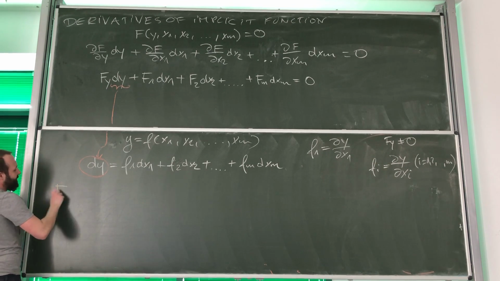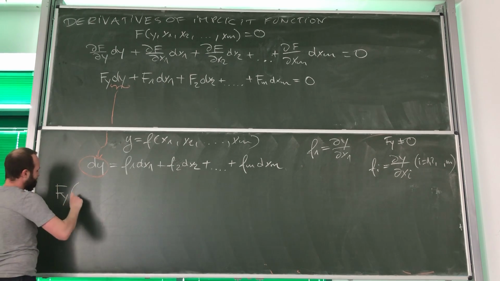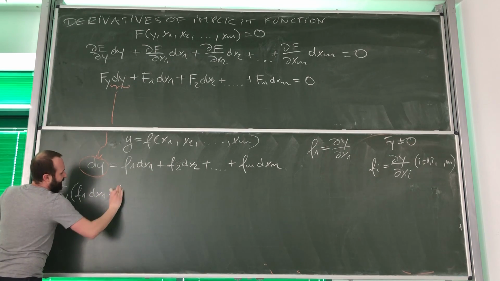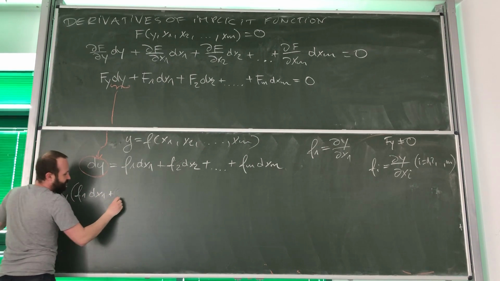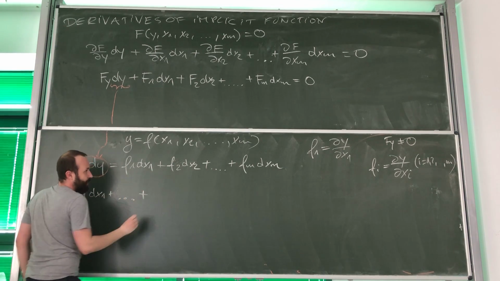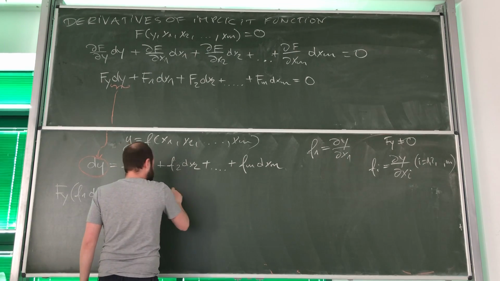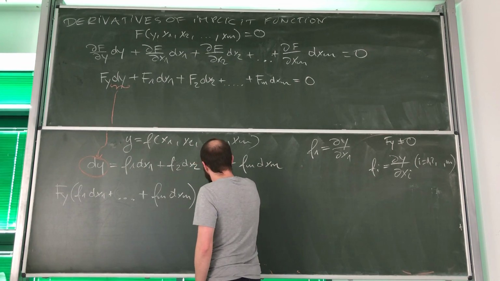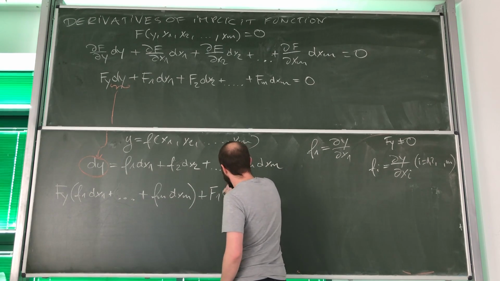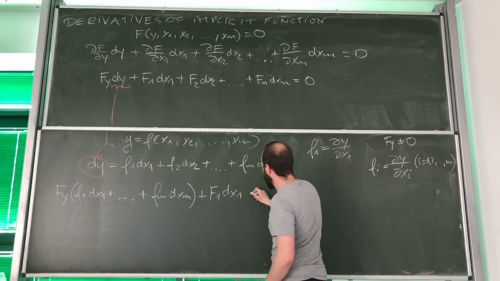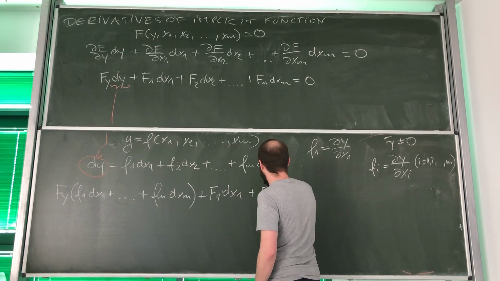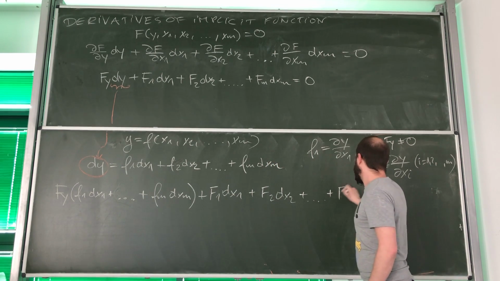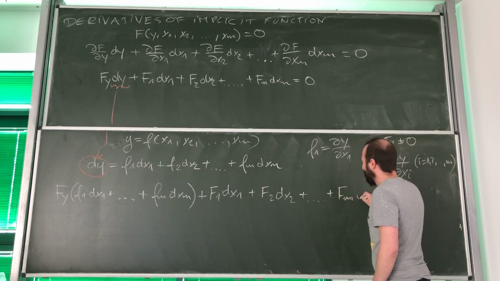We're getting fy times (f1 dx1 plus, okay, this is all I'm going to write from this moment on, plus fm dxm) plus f1 dx1 plus f2 dx2 plus fm dxm.